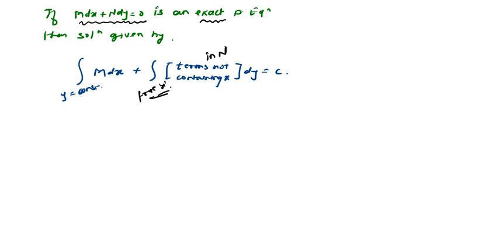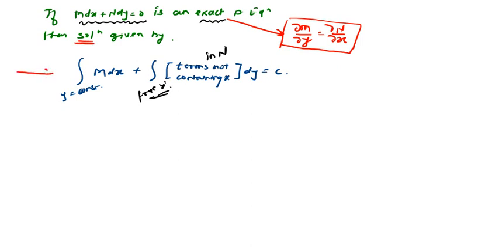How will we prove it is exact? If this differential equation satisfies the condition ∂M/∂y equal to ∂N/∂x, then the differential equation will be exact. Then we can directly find its solution using this equation.